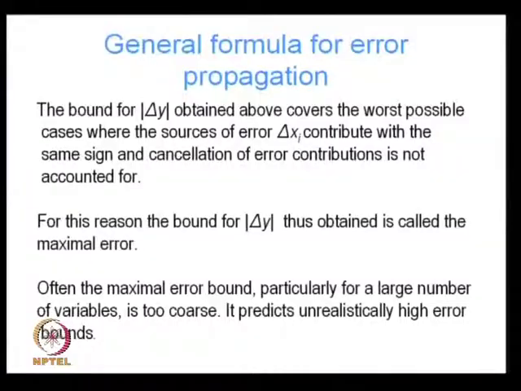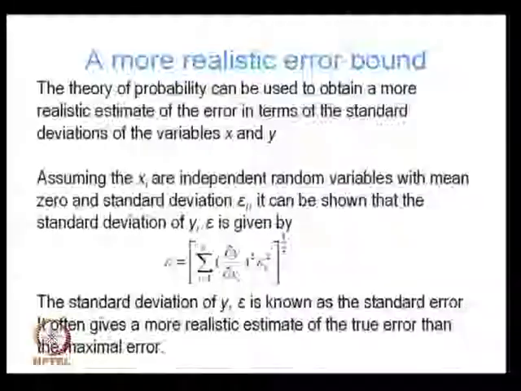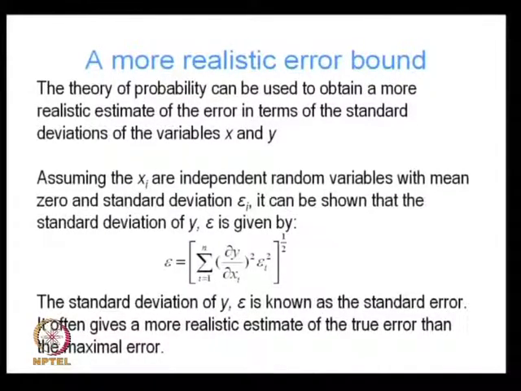So, instead of using the maximal error, sometimes we use something which is known as the standard error. How do we get the standard error? We use the theory of probability. We assume that the delta xi's are independent random variables with mean 0 and standard deviation epsilon i.